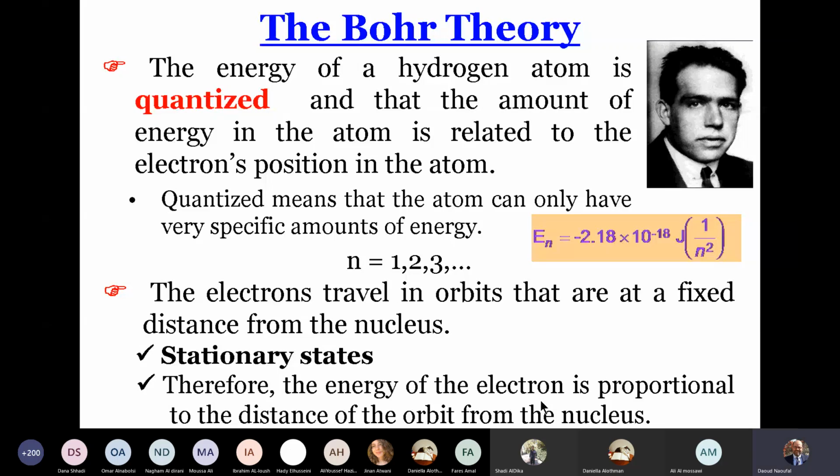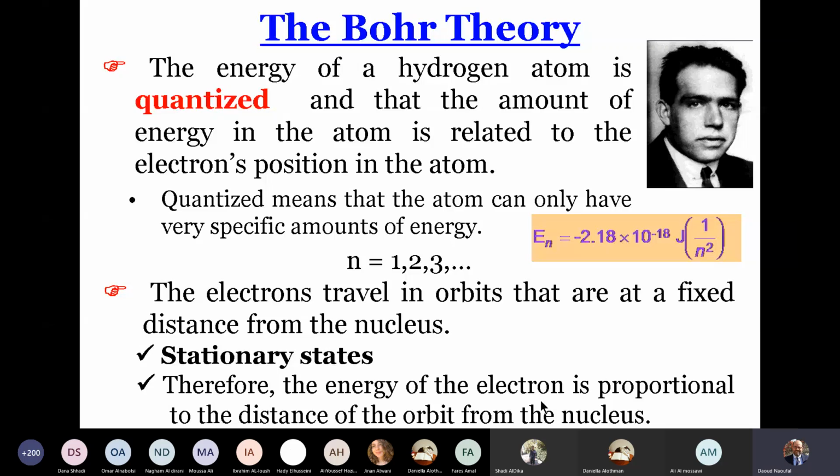So the electron is in motion around the nucleus, and the electron can be found on orbits. For example, n equals 1, this is orbit 1 of known energy E1, or the electron can be found on orbit 2 of known energy E2 and known distance from the nucleus, or orbit 3 or orbit 4. And these orbits are the protection of the electrons from falling down to the nucleus.